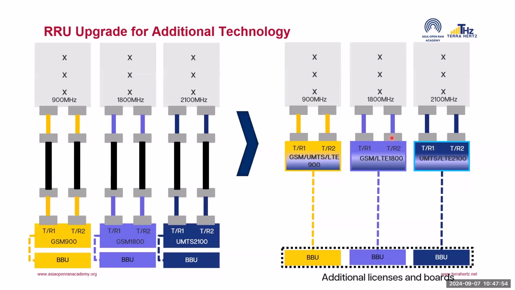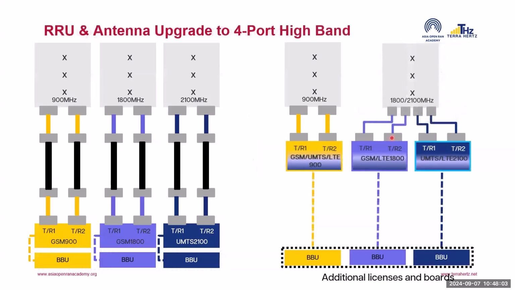The antenna is still the same, okay, if that is operating on the same frequency band. Okay, so there's a lot of upgrades. So there are upgrades like this that they use a multi-band antenna or a dual band antenna, meaning the 1800 and 2100 are combined in one single antenna, and the radios are connected to this one.